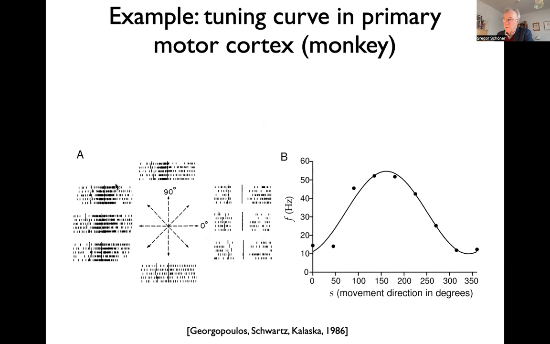And you see that the neuron fires more for these kinds of movement directions, less for these kinds of movement directions. And you could similarly look at how the direction in which the movement takes place predicts the firing rate of the neuron across these different movements. And it's also a tuning curve. Actually a cosine, a very broad kind of tuning curve. So this is the classical concept of coding.